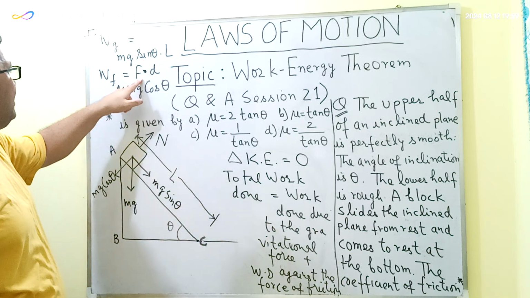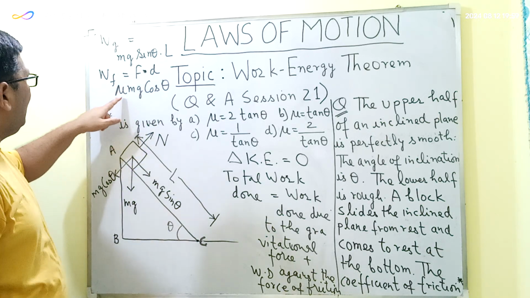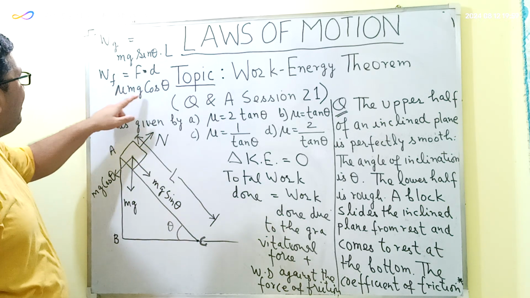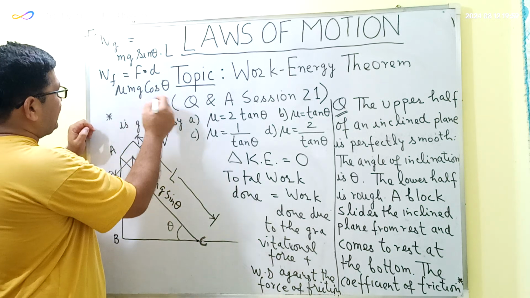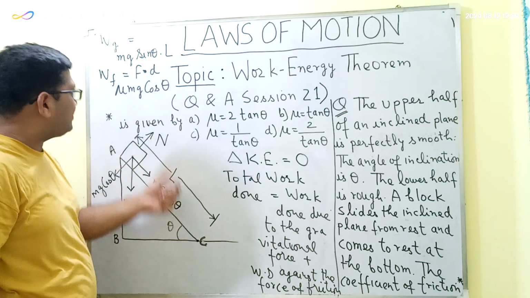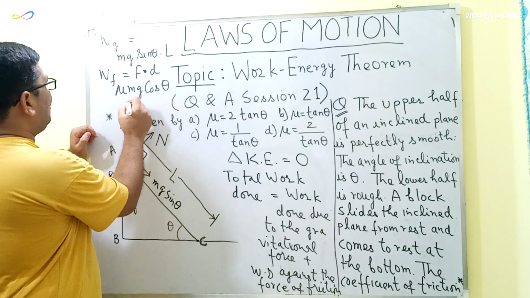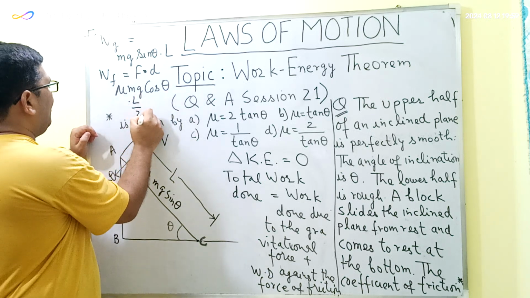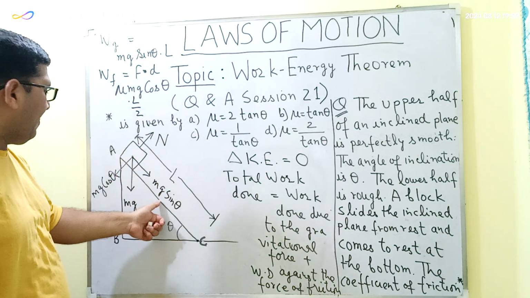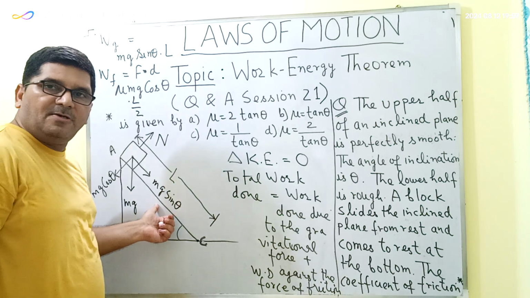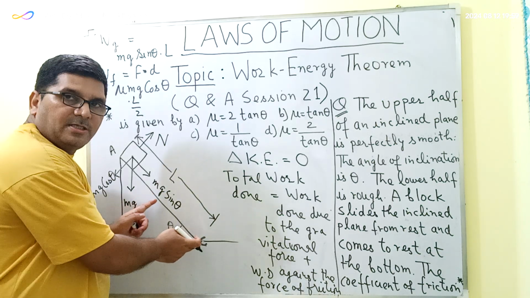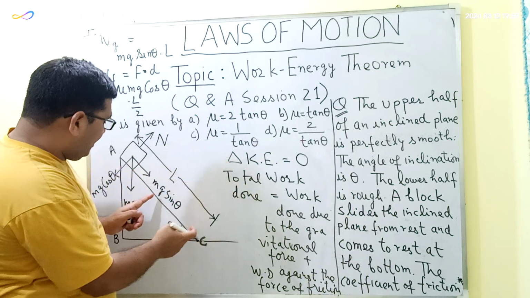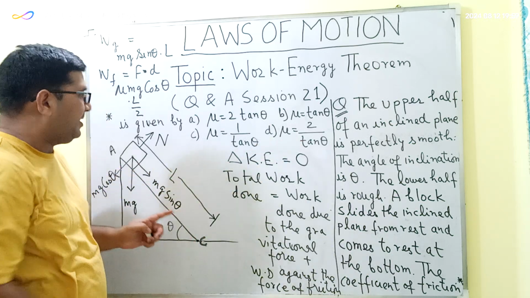The force of friction will be equal to mu mg cos theta, where mg cos theta is the normal reaction, and d is the displacement. The displacement in this case will be equal to L by 2, because the force of friction comes into play only in the lower half of this inclined plane.